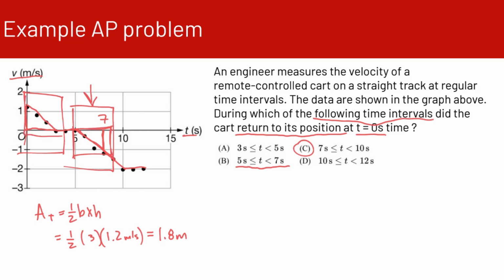Here we've got a positive velocity, so it's leaving someplace, and here the negative velocity means it's going back in the direction that it came from, because this is one-dimensional motion. So in the second section, it's returning to where it came from.